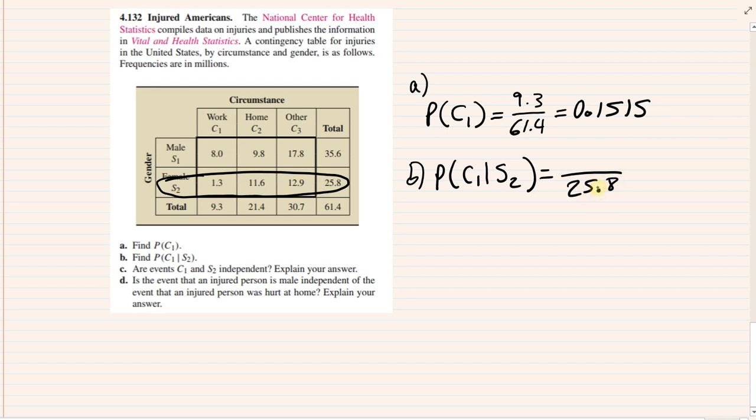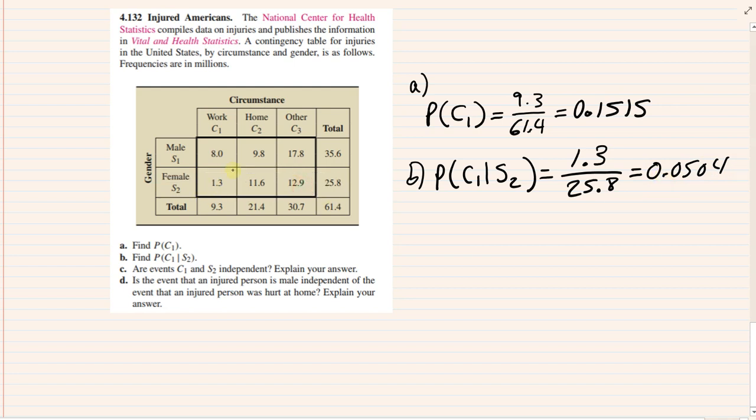You see how that conditional probability again restricts the sample space to only those having the condition, in this case being female. What is the probability of someone who was injured at work? That's going to be 1.3 divided by 25.8, and that's going to be about 0.0504, a little over 5% probability.